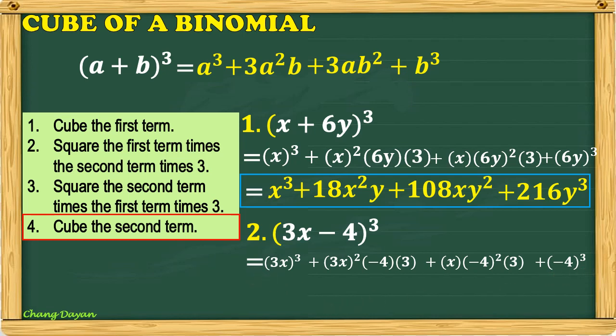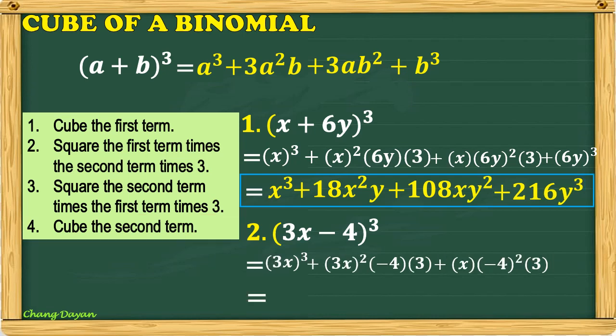Let's now simplify. 3x times 3x times 3x. 3 times 3 is 9 times 3, 27x cubed. Next, 3x times 3x, that is 9x squared, times negative 4 times 3. So 9 times negative 4 times positive 3 will have negative 108x squared y.